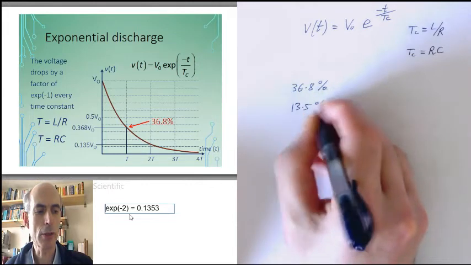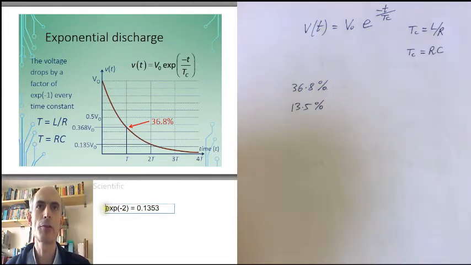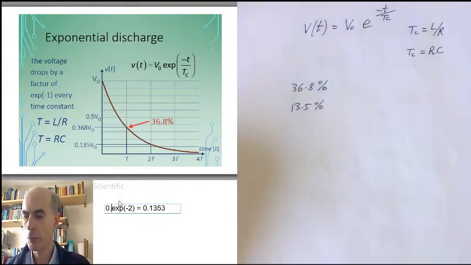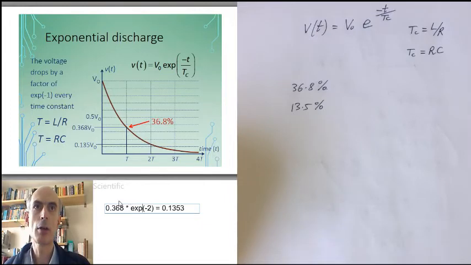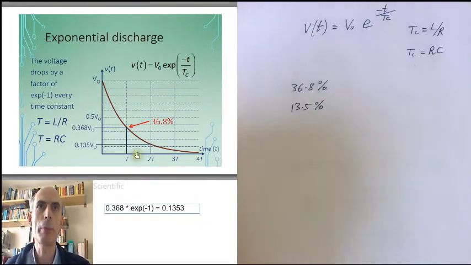It's worth noting, however, that if I started off at this point here, which is 0.368, and looked at what happened one time constant after this point here, so assuming that that is my initial value, and asking what the value of voltage will be one time constant after this, the result is pretty much the same.